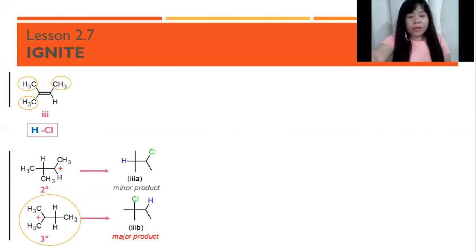And now that positive charge attracts the chloride ion and produces this product. Now this is the major product of the electrophilic addition of this alkene.